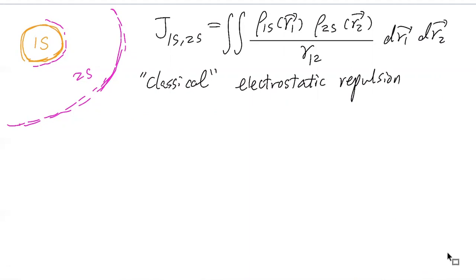So in classical mechanics, this is the only term that you will get, right? When you consider the interaction between two distributions of electrons, this J integral is the only integral that you will evaluate. This is what you have in classical electrostatics, right?